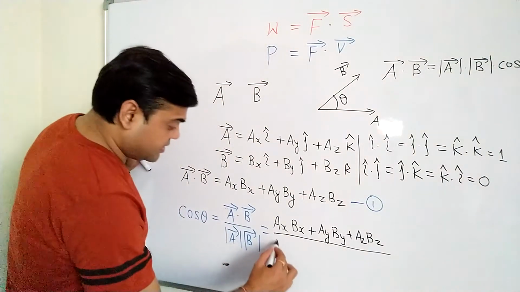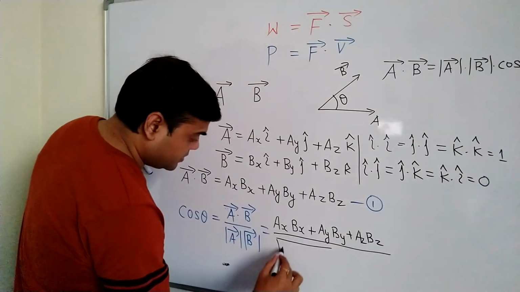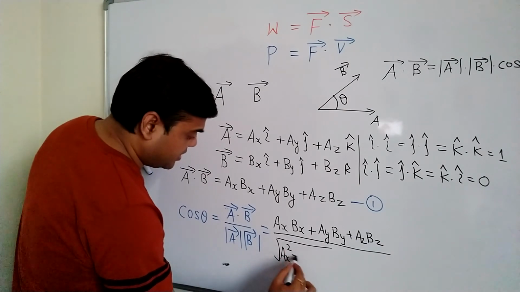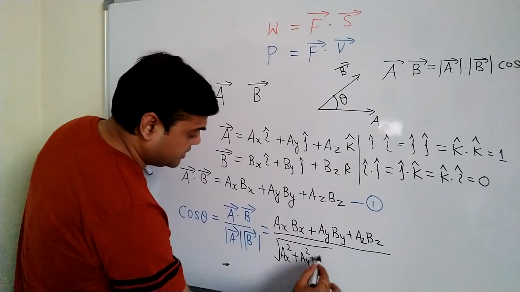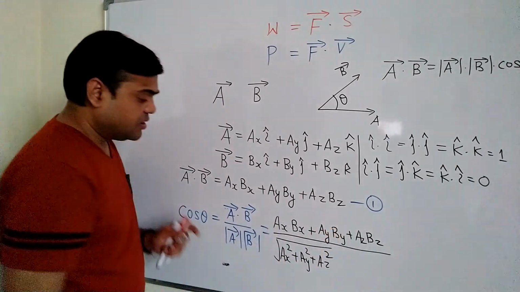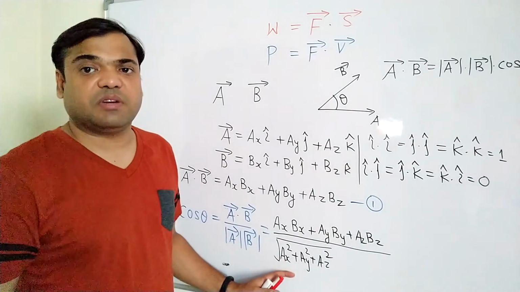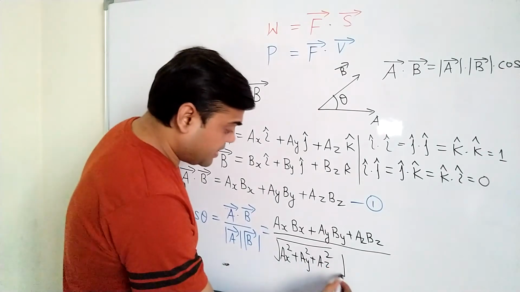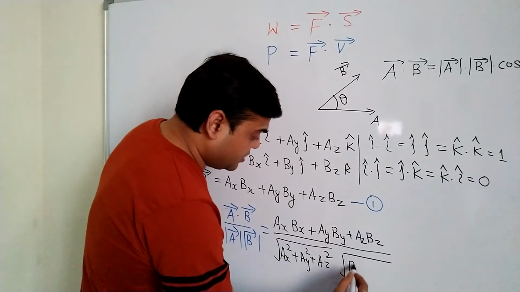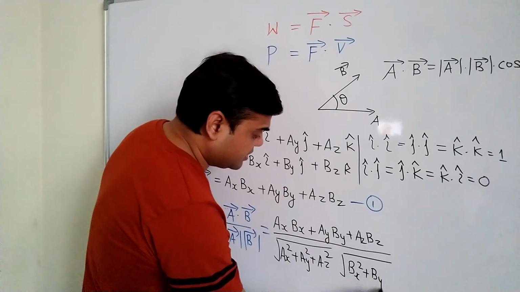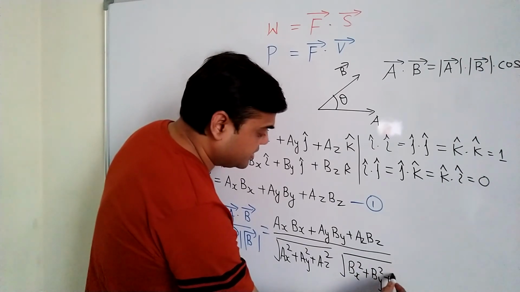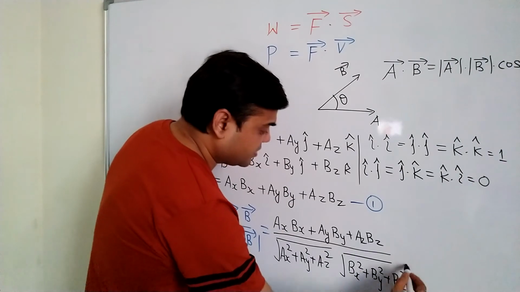So this will give us under root ax square plus ay square plus az square. So this term is the magnitude of vector a. Similarly, magnitude of vector b will give us bx square plus by square plus bz square.